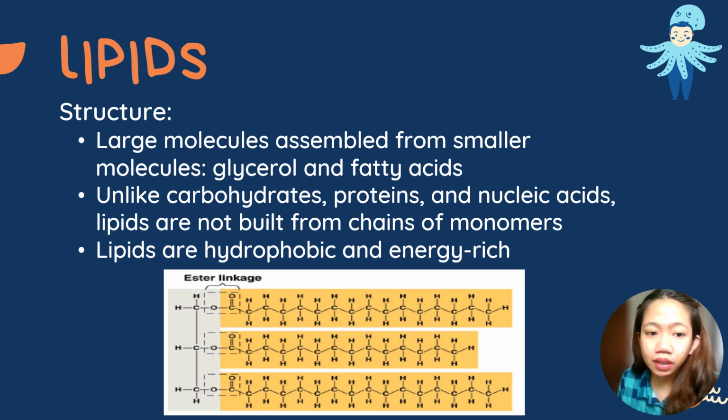Now, if you take a look, this is an example of a lipid in the form of a triglyceride. When we say tri, it means three. So in this case, the lipid is made up of three carbon chains, so one, two, three, linked together by glycerol.